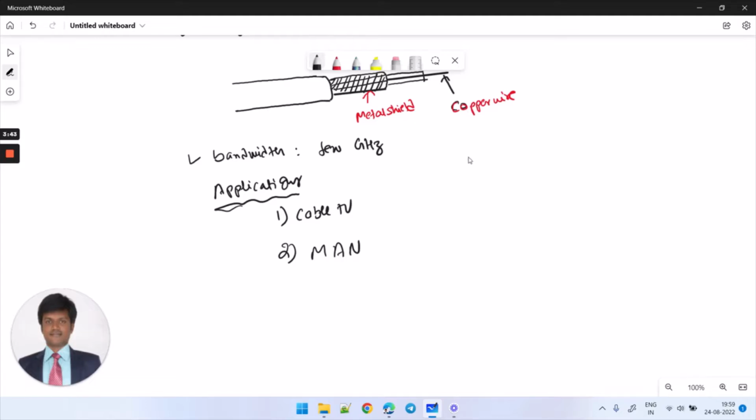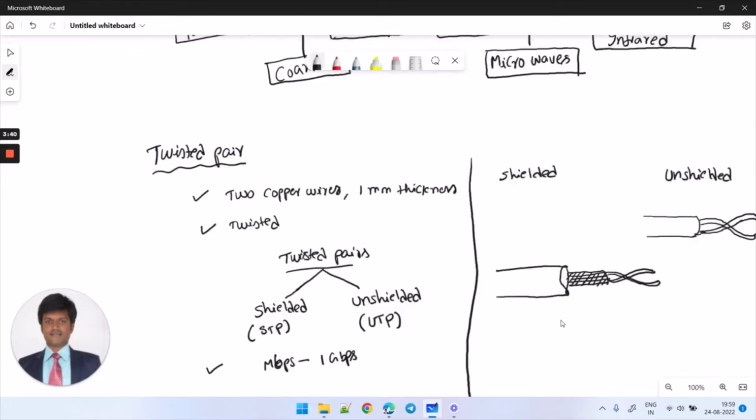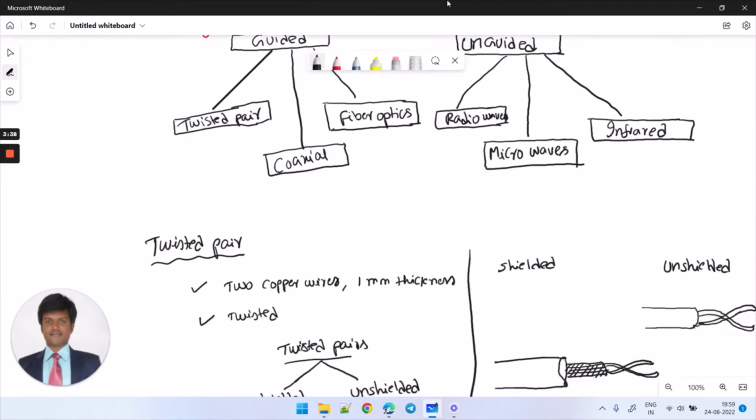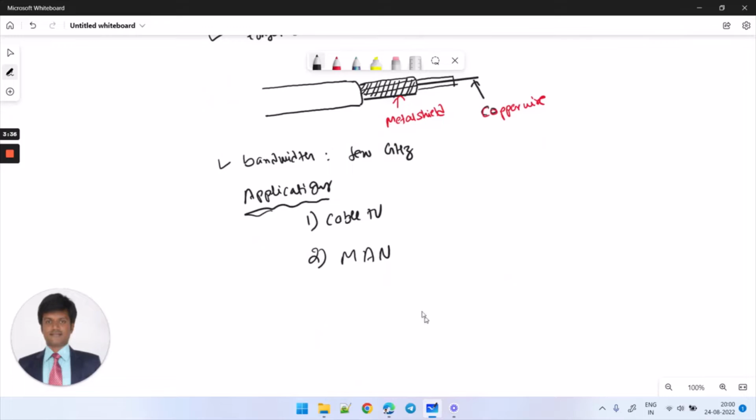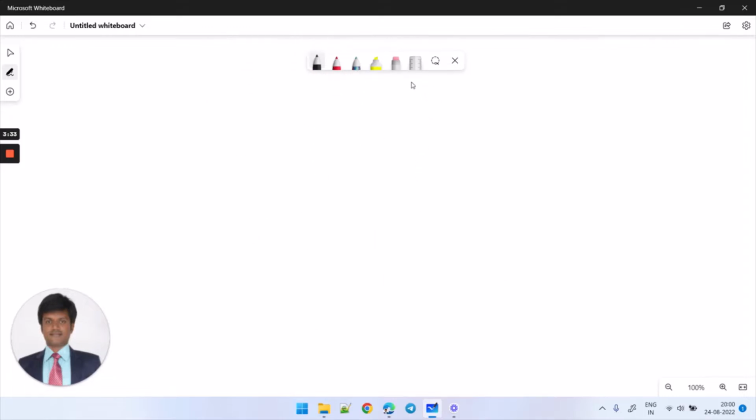The third type of guided media is fiber optics. The fiber optics is like a glass structure.